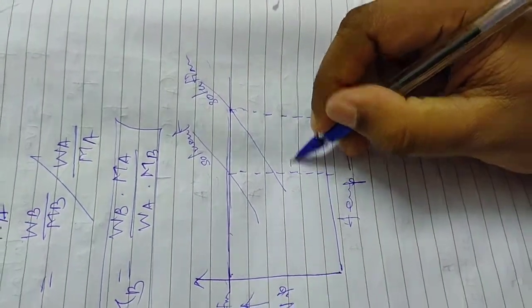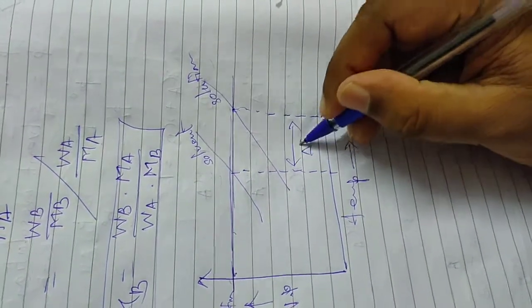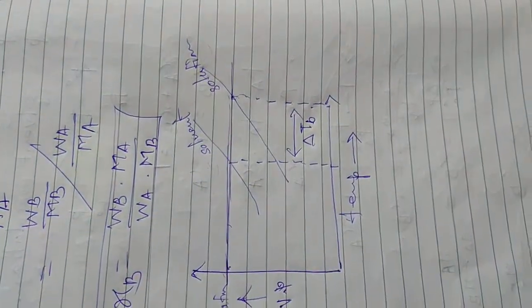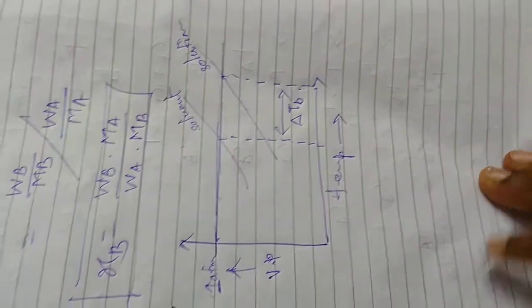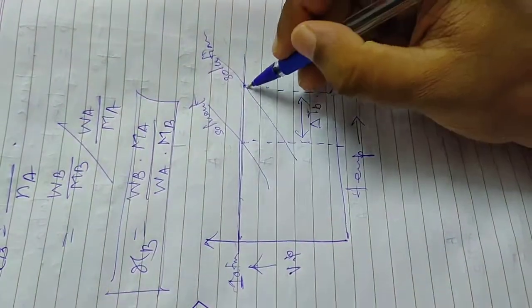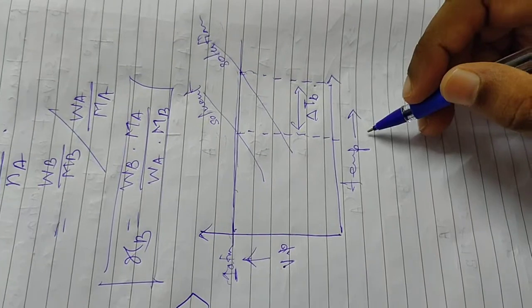Then this difference is known as elevation in boiling point, delta TB. This difference is delta TB.